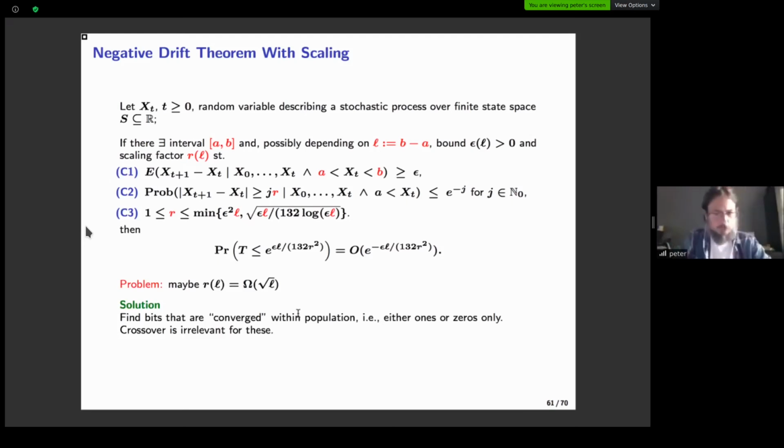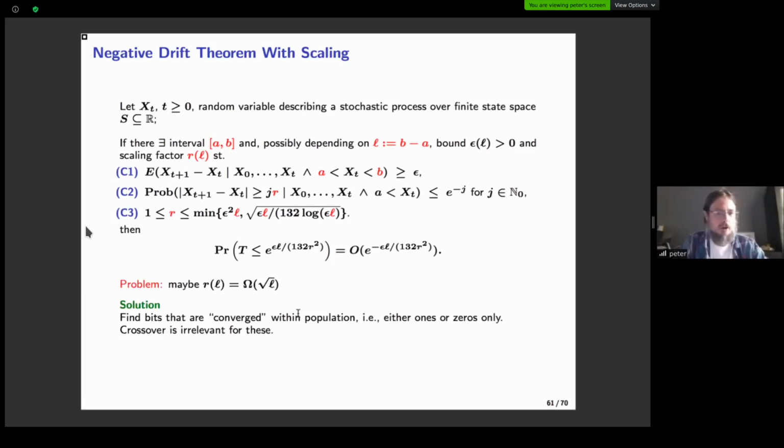So what we need to do is control the diversity of the population. What happens is we look at something called converged bits. If all the individuals in the population have the same value at some bit position, so for example, the first bit is all ones or all zeros, so every individual has a 1, for example, in a bit position, then crossover cannot do anything with this bit.